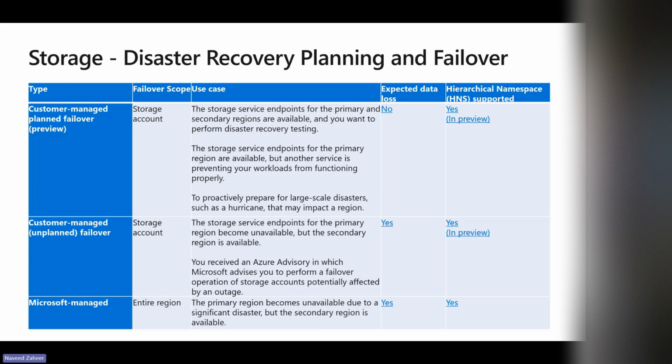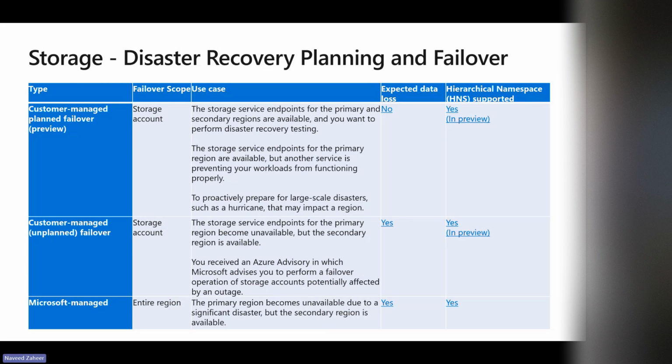You're copying the seventh file, and it's being replicated. As soon as you do the planned failover, it's going to wait until the seventh file is copied. So basically, primary and secondary regions are both in sync. At that moment, it's going to do the failover. So there is no data loss. And that's very important to know.